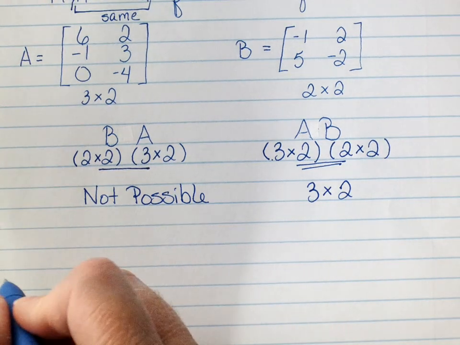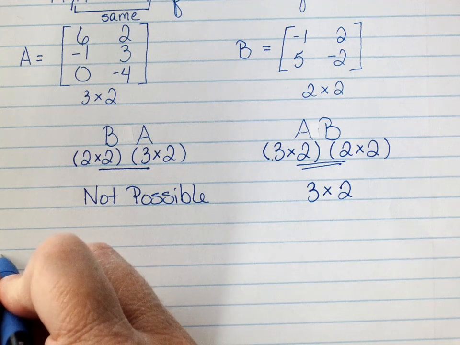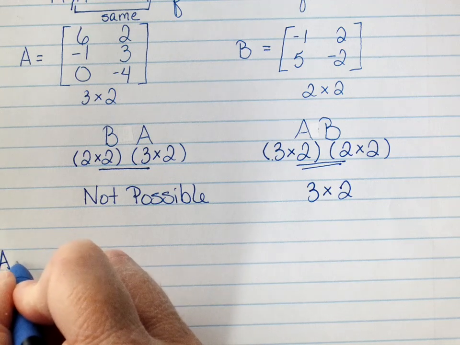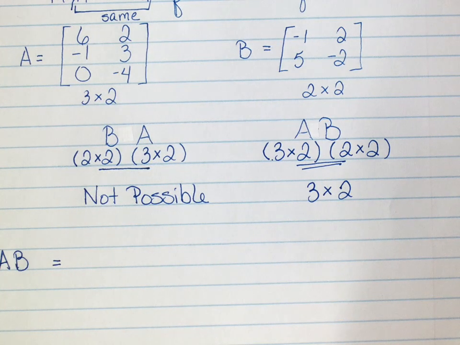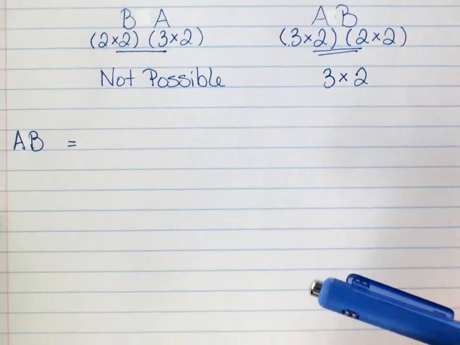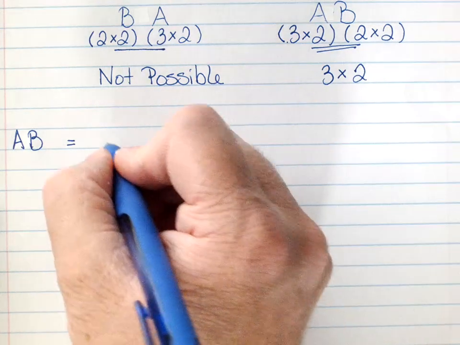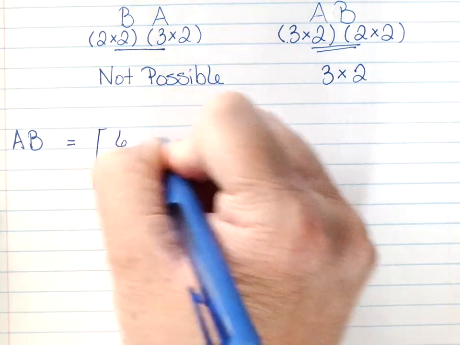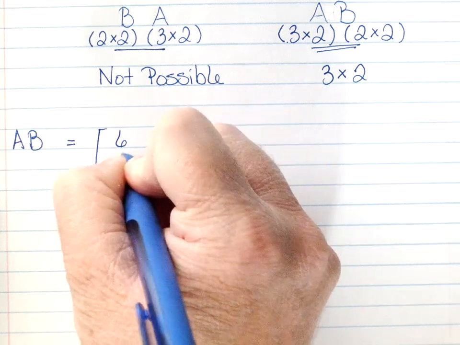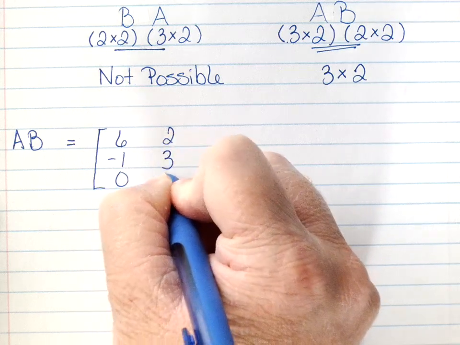So now that we know that it's possible, let's actually multiply this matrix. So A times B. The easiest way to do this is to just space it out. Instead of giving you alphabet soup, I'm going to give you a number example. So matrix A is 6, 2, negative 1, 3, 0, negative 4.